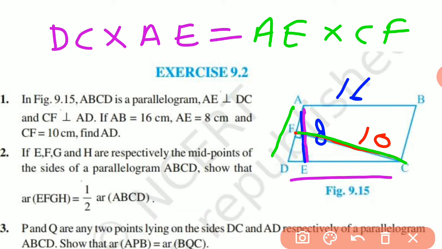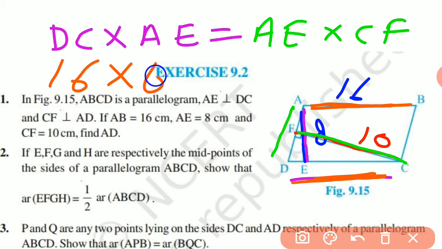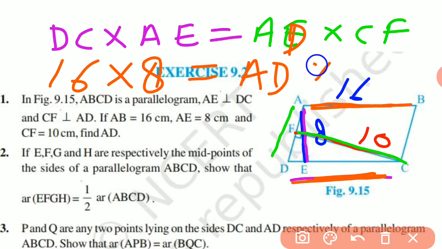Here DC is, this is a parallelogram, so AB equals DC, so this will be 16 into AE which is 8 equal to this is AD, this is AD. AD is to be found, and CF is 10.